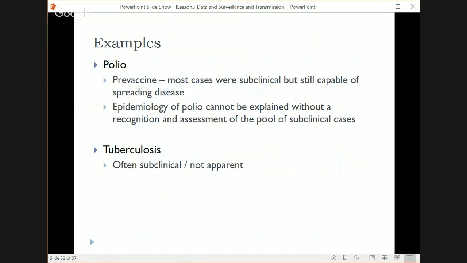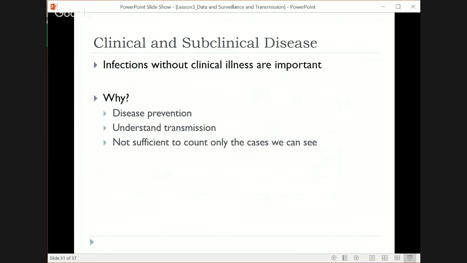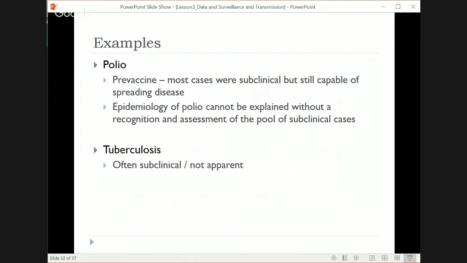I guess two other examples here are polio. Prior to having the vaccine, most cases of polio were actually subclinical. So not going to progress to disease, but they were still capable of spreading disease. So they were like Mary again.